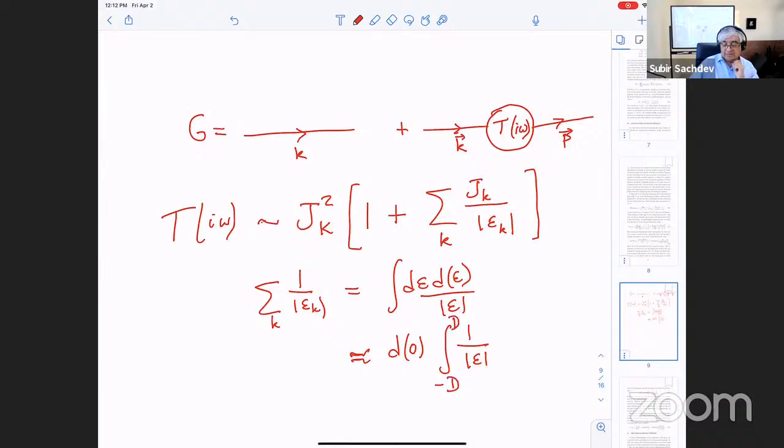It goes from minus D to D. That's the width of the band, whatever it is.